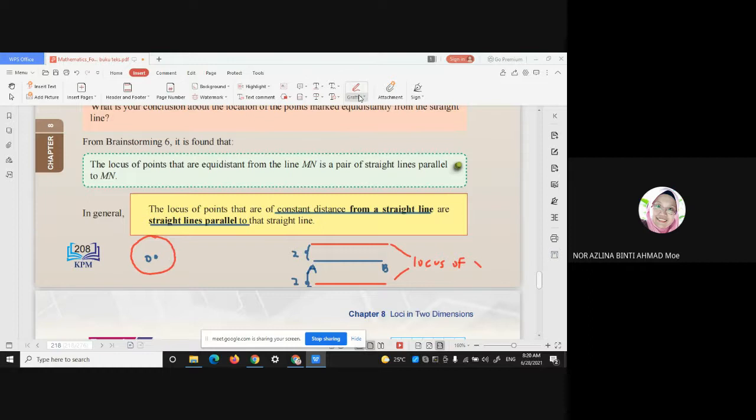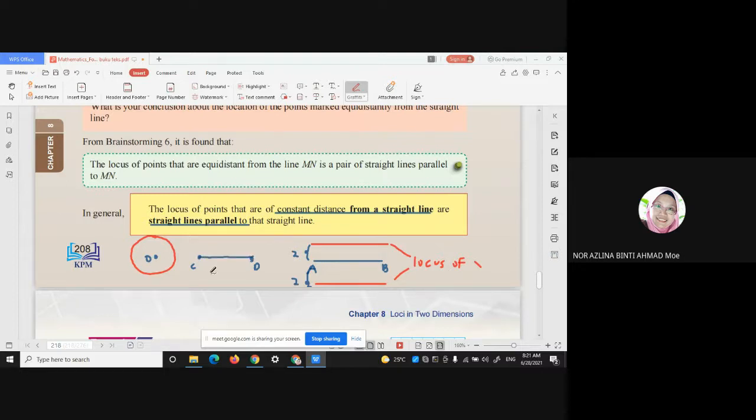Next you learn the second locus. The second locus is when you have 2 points, C and D. This is a line also.